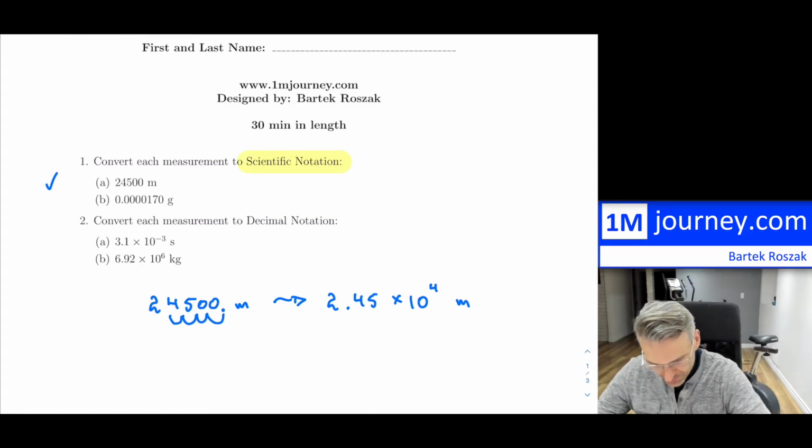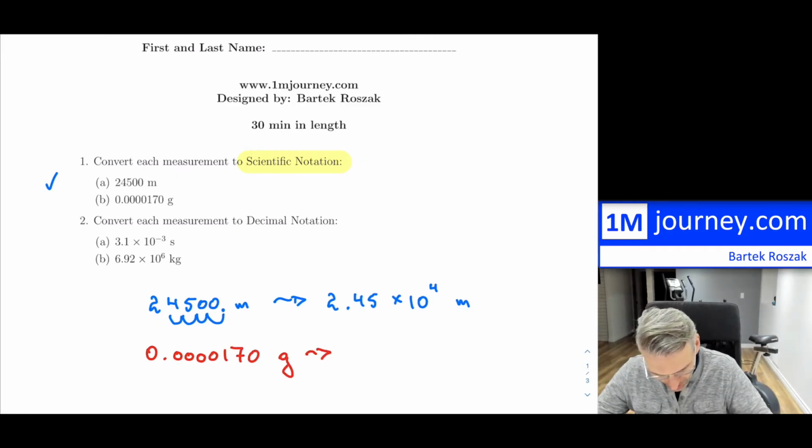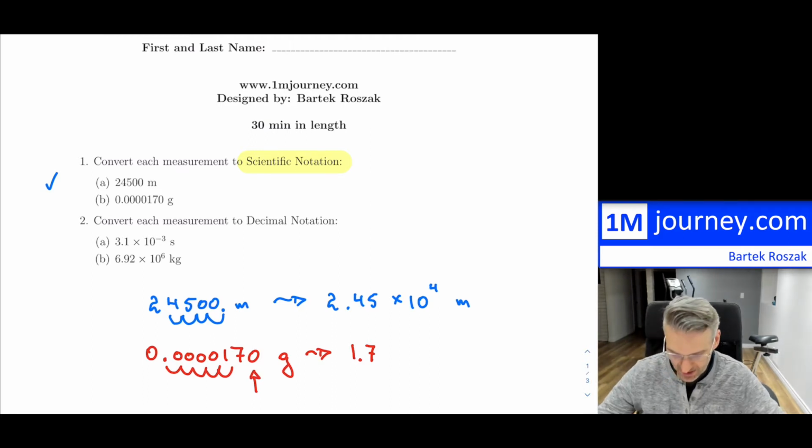Part B for you. This one is 0.00000170 grams, and we want to convert it back. Now we're going in the reverse direction. We're going to go 1, 2, 3, 4, and 5. So 1.7. Now I am going to include this 0 because it is after the 2 significant digits that you have.